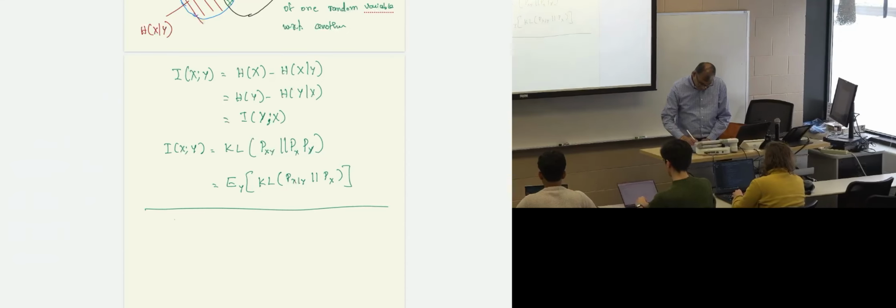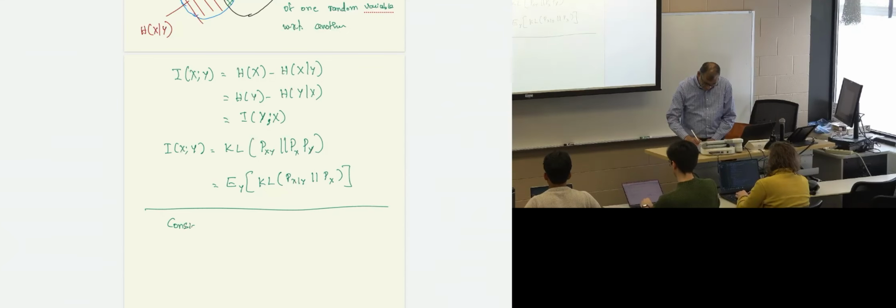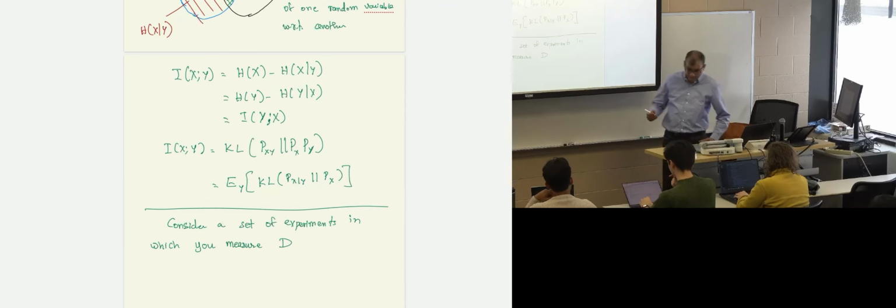So let's consider an experiment. Consider a set of experiments, because all of this is averages. A set of experiments in which you measure some data, D, okay?